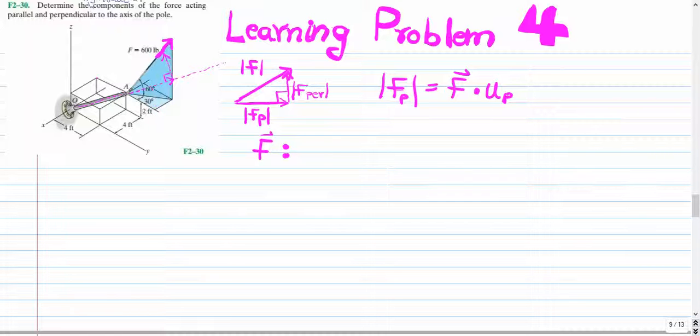There are some length measurements, but those are only related to the pole, as you can see. So we can find the unit vector using these length measurements, but we can't find the force vector using them. But we can use the angles that they have given us to find the force vector. So let's do that.